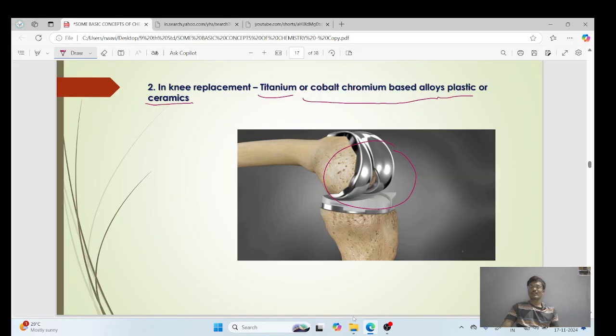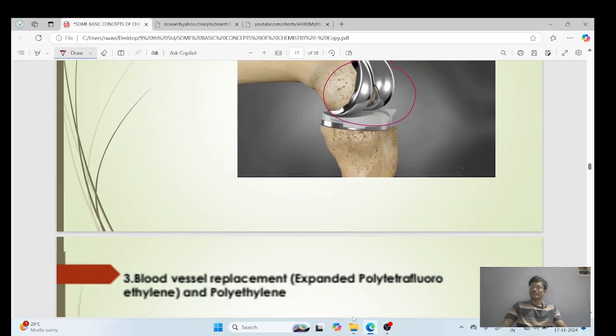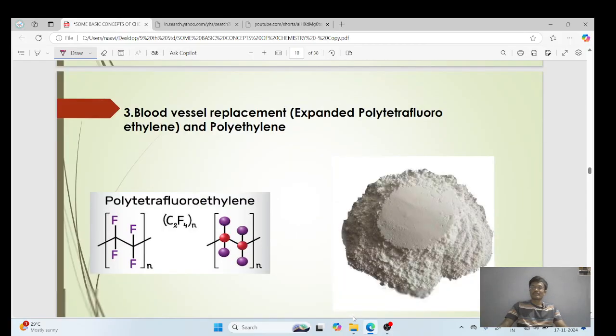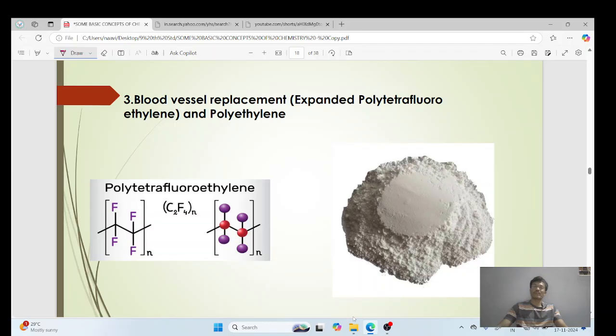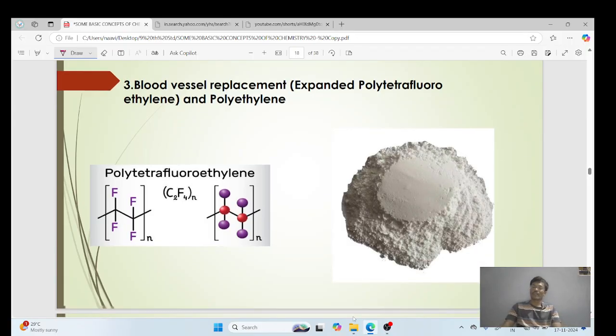These are made of chemicals which we can use in knee replacement. Next, blood vessel replacement, using expanded polytetrafluoroethylene and polyethylene. These are the chemicals which we can use for blood vessel replacement. Here is the structure of the compound.